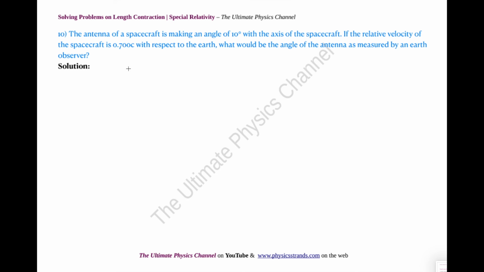So we can draw a diagram here. This is a spacecraft and it is moving at 0.700 c with respect to Earth.